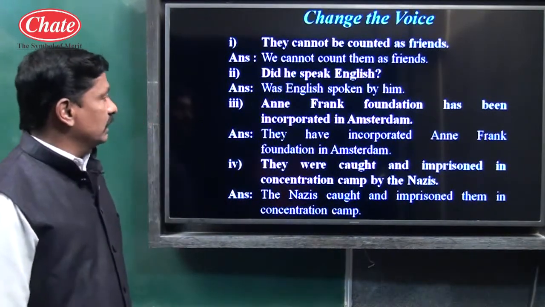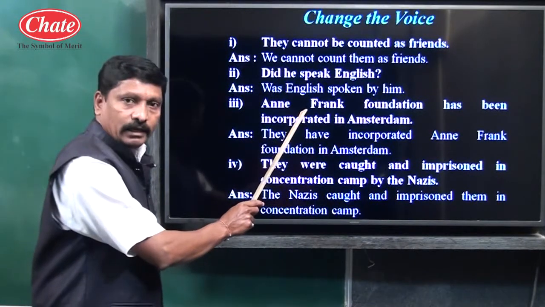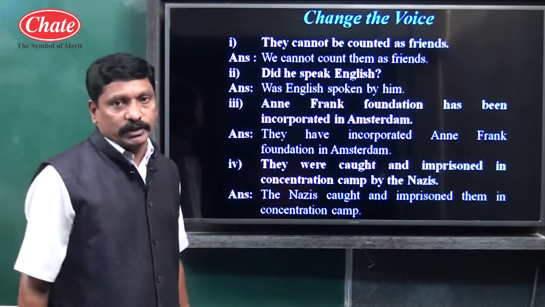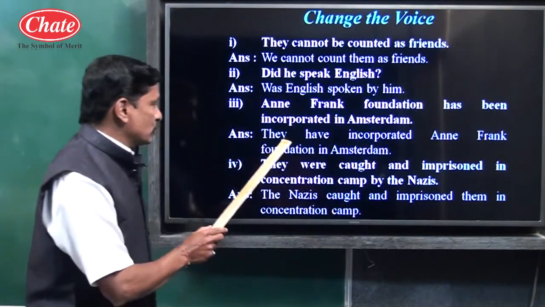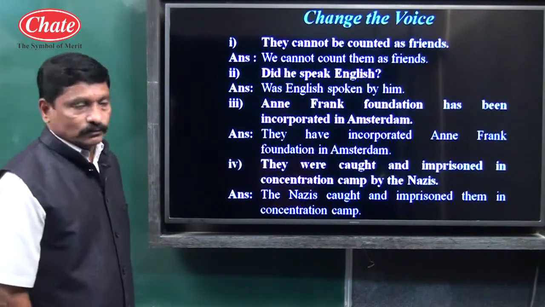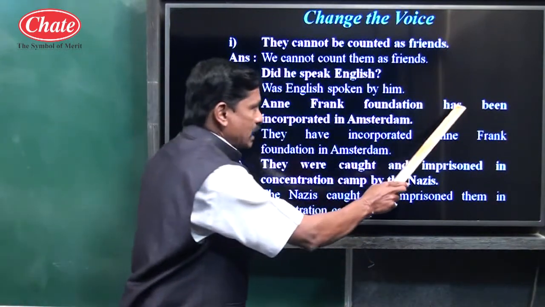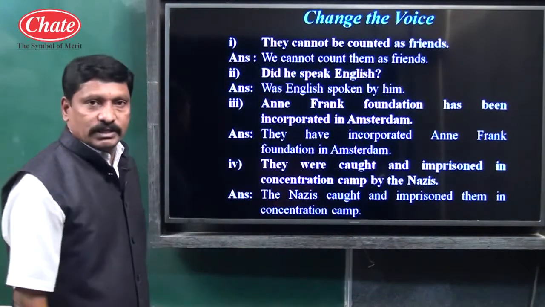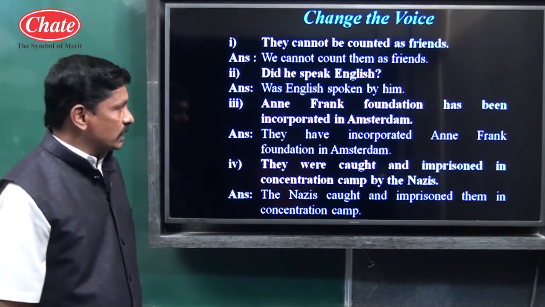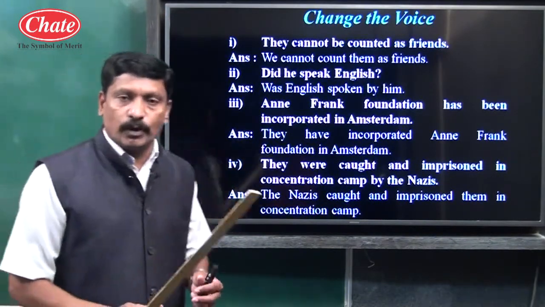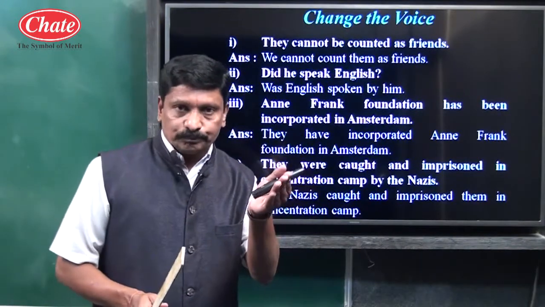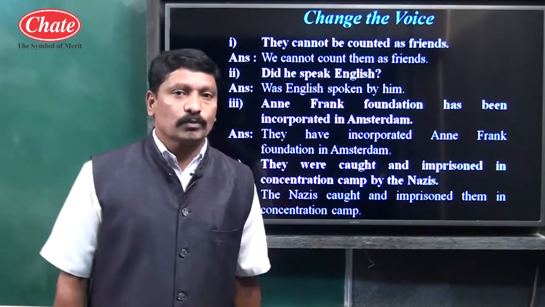So the given sentence once again is in passive voice. We have to convert it into active voice. Children, they have not given by plus subject, so the subject they has been taken. One more thing: has plus been plus V3 means the given sentence is in present perfect tense. And we know the active structure of present perfect tense is first the subject, then have or has, then the third form of the verb.